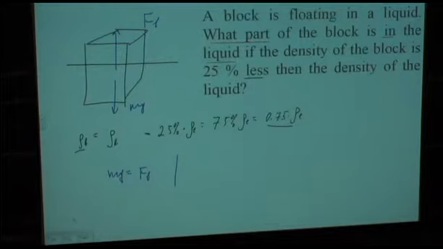So for the mass of this object, we should write the density of the object times the total volume of the object, times G, and the buoyant force should be equal to the density of the liquid times that part of the volume which is equal to the volume of the displaced liquid, times G. In many situations, we can see again and again G canceled. So this is what we're looking for.